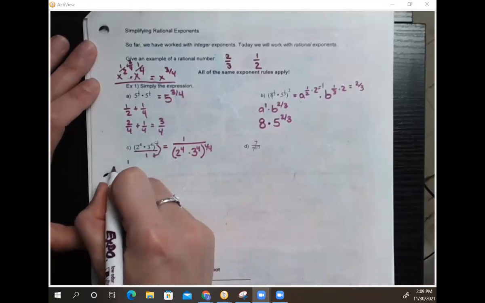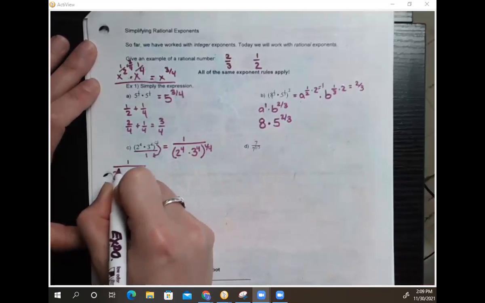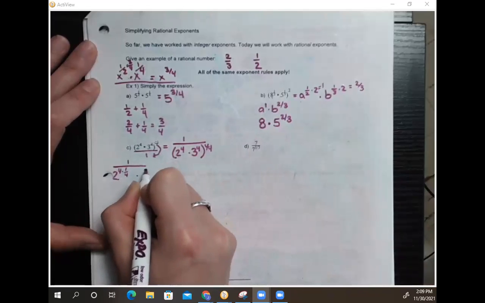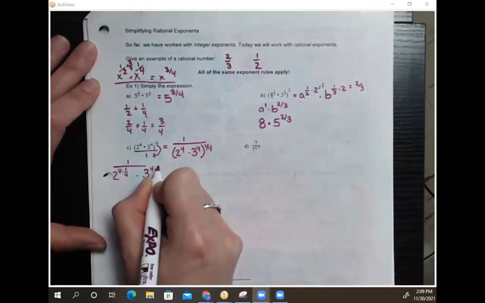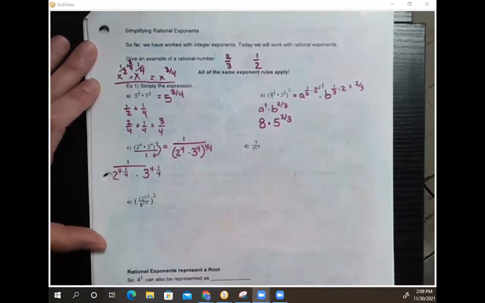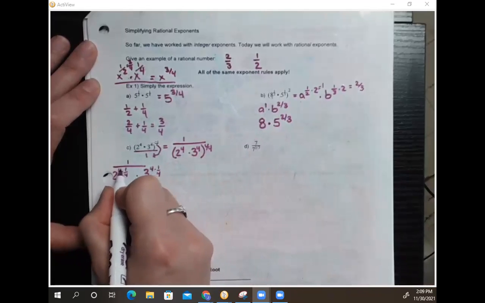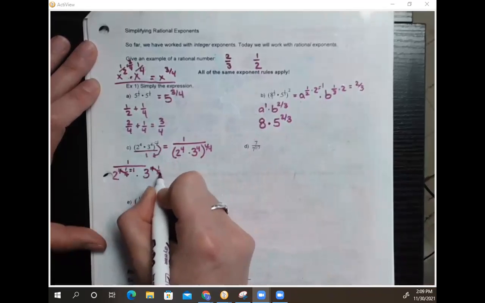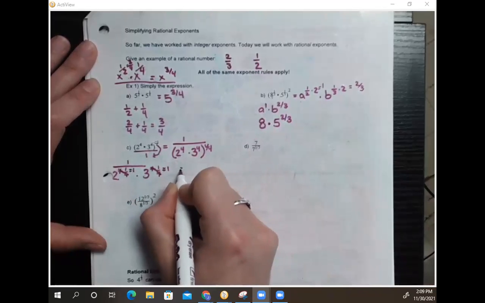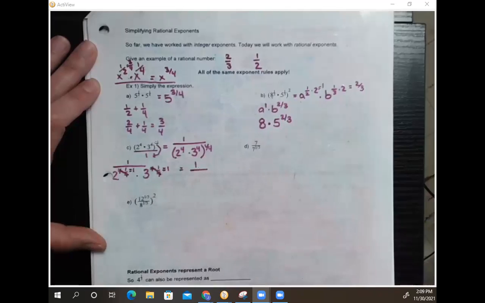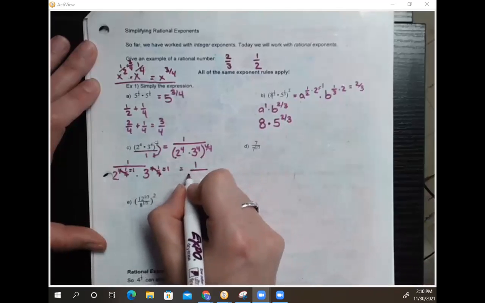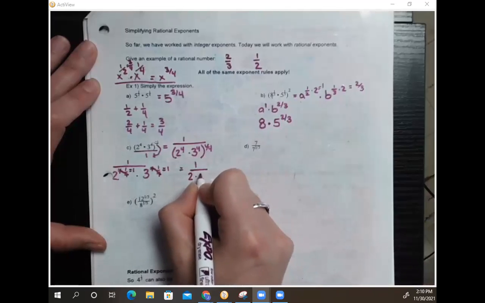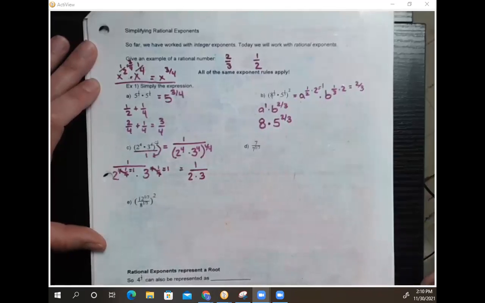So this would be 1 over 2 to the 4 times 1/4 times 3 to the 4 times 1/4. So 4 times 1/4 is 1, and 4 times 1/4 is 1. So my simplified expression here would be 1 over 2 to the first times 3 to the first.